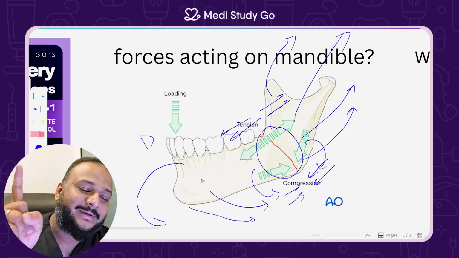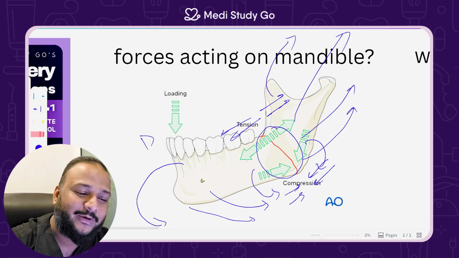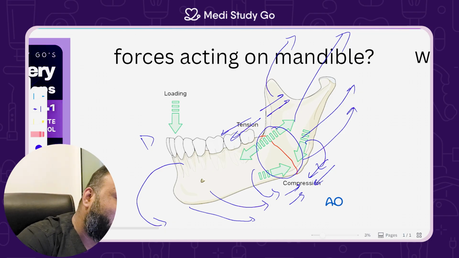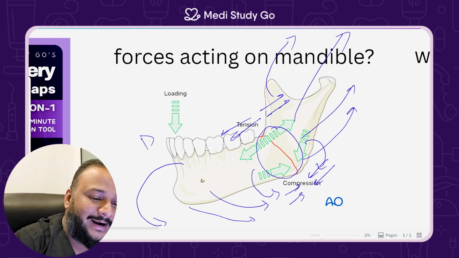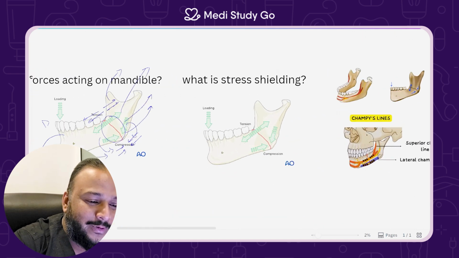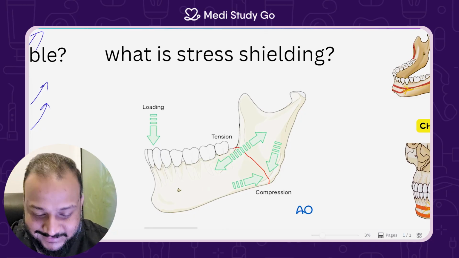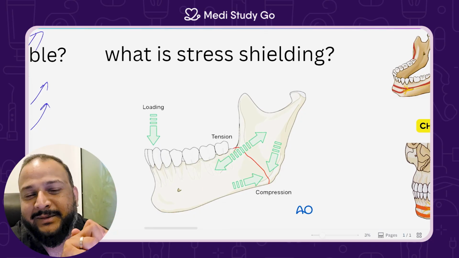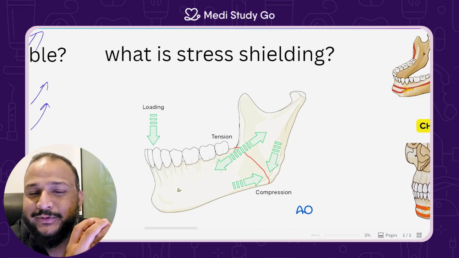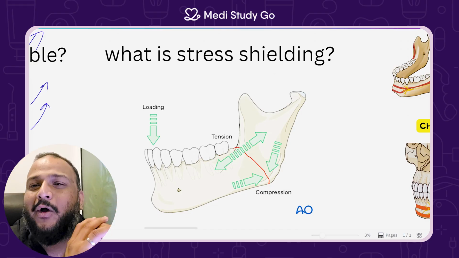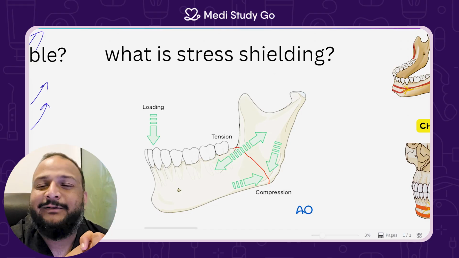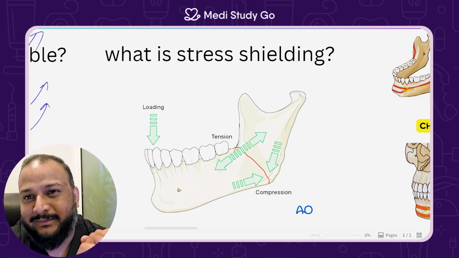One is from the muscles of mastication, one is from the occlusion. Now if you have understood the forces acting on the mandible, let me tell you why Champy's lines came into existence. In older times, the hardware that used to be used was very bulky, very strong hardware. This hardware was called rigid fixation of the mandible.